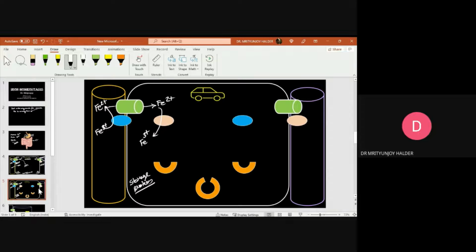That storage protein will allow only the ferric form of iron to be stored.